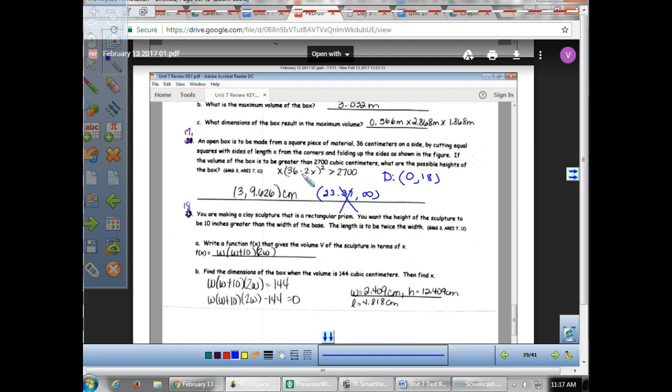All right. And then y'all get that once you write your volume function, y'all look at B down here. This is the function for volume. Are y'all with me? And then I use that function and set it equal or less than, greater than, whatever I'm trying to achieve, to the volume that I'm interested in.